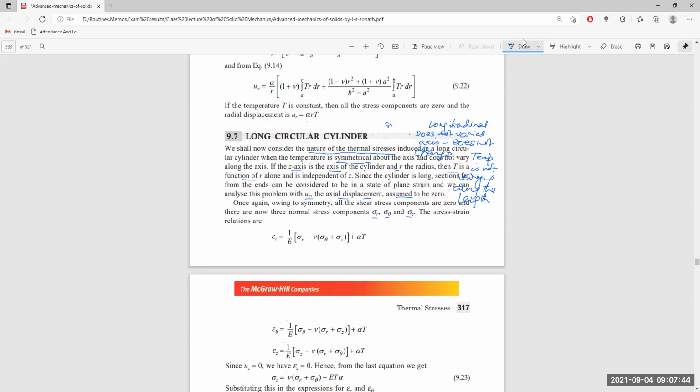Along the longitudinal axis there is no change in temperature, but stress may develop along the length of the cylinder due to the change in temperature along the radius.